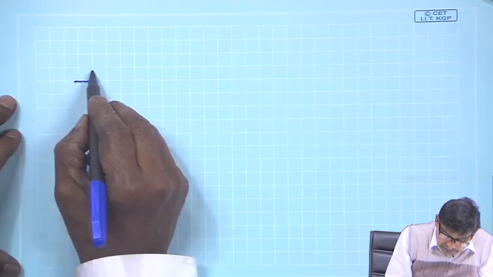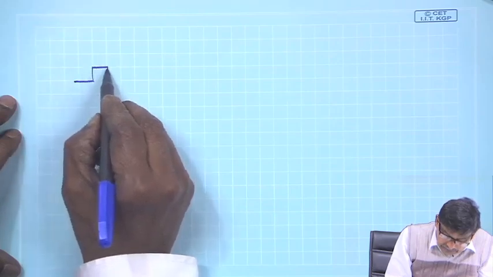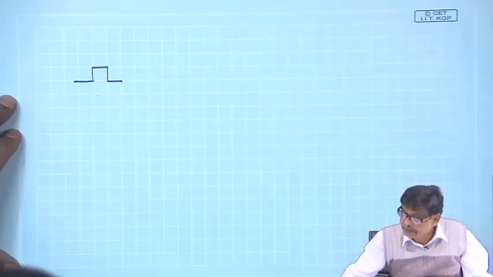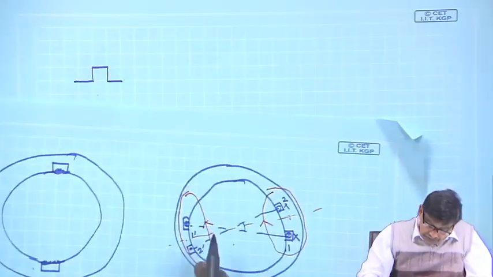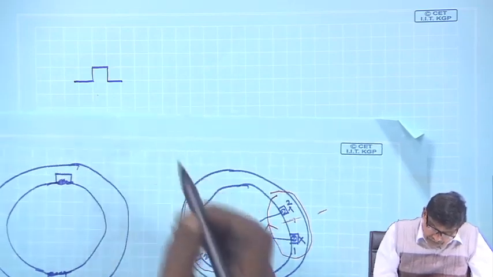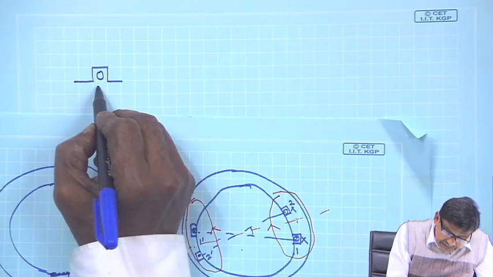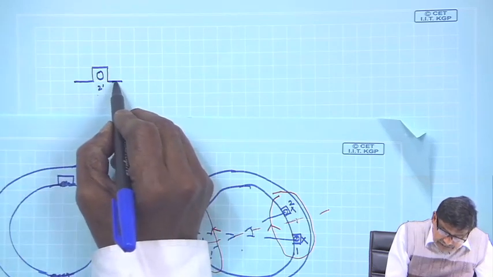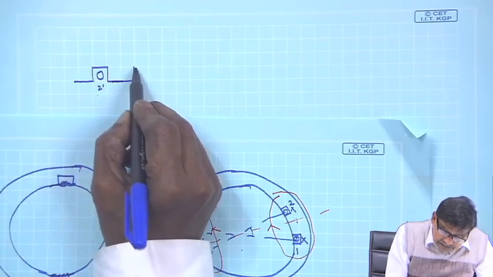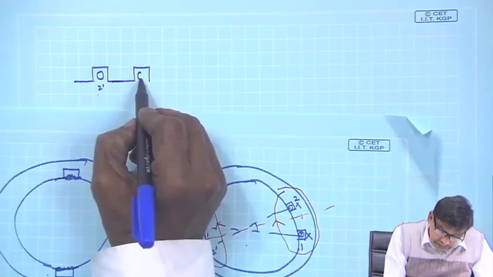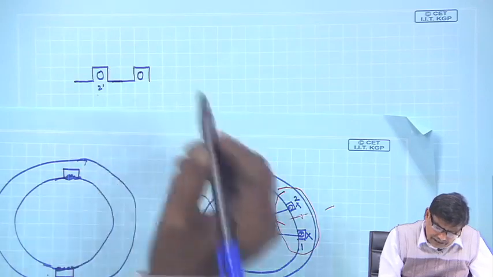Suppose I am drawing from this side. So, this is suppose 2 dashed here, then after a little bit of this you will see this 1 dashed multi-turn coil, I am not drawing it.